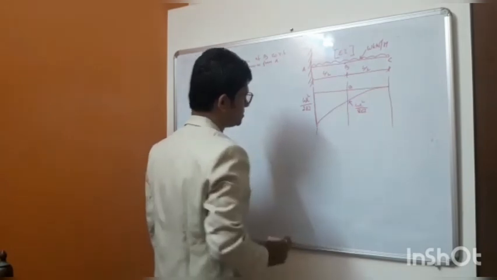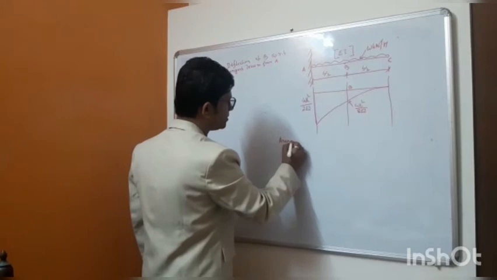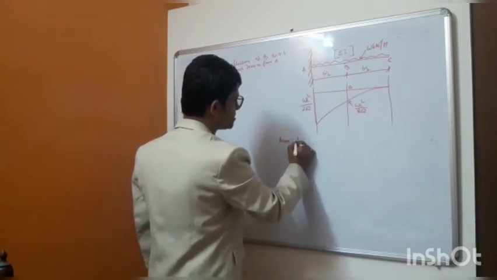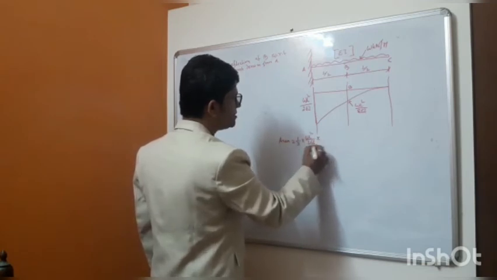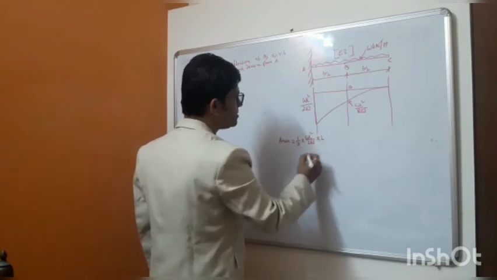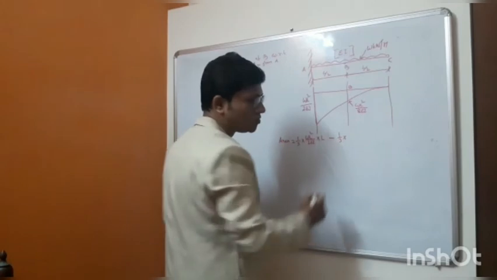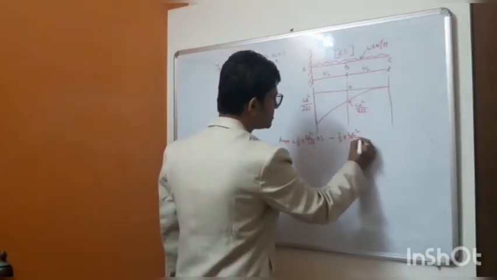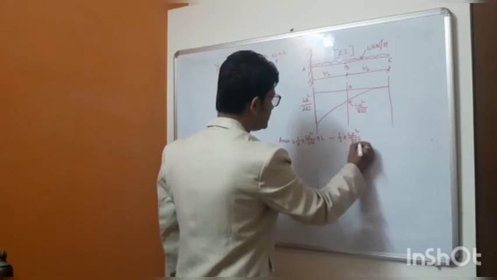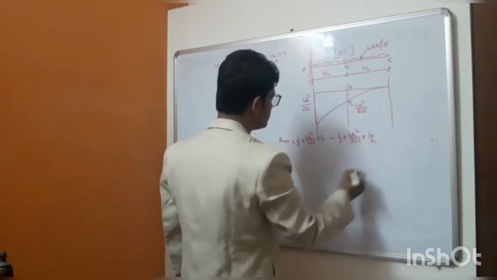So the area will be 1/3 into WL square by 2EI into L minus 1/3 into WL square by 8EI into L by 2.